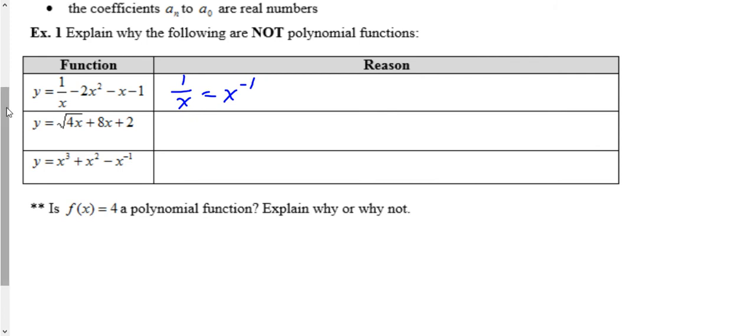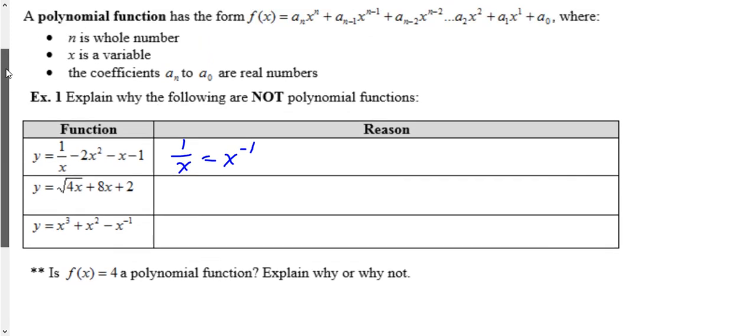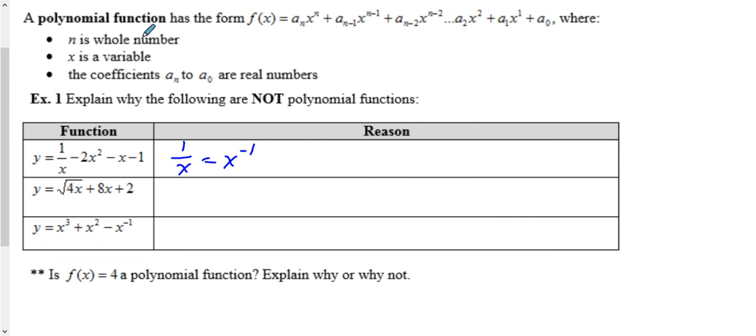If you go back to our quick rules right up top here, our n value, our exponent, has to be a whole number. Well, negative 1 is not a whole number. Again, whole numbers start at 0 and go up. So basically here, the exponent equals negative 1. I found it in this function here, so therefore it's not a polynomial because you can't have negative exponents.